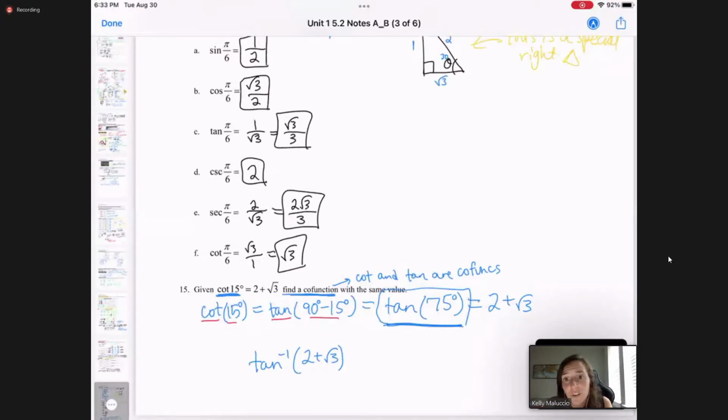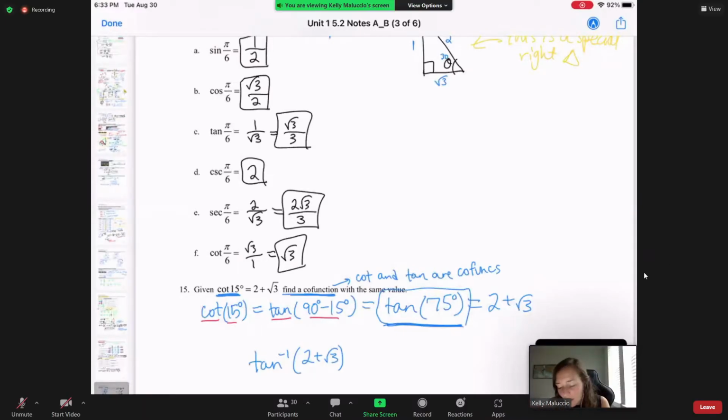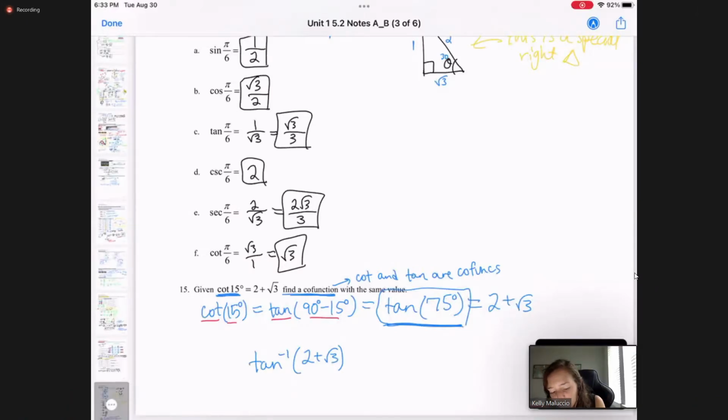It might be a decimal, it might not be exact. Yeah, I got the exact 75. Then that should be it. But again, we're not going to be focusing too much just yet on the inverse, because well, you're doing it correctly, but some people confuse it with the reciprocal, right? And that's not the same thing. But that works, thank you.